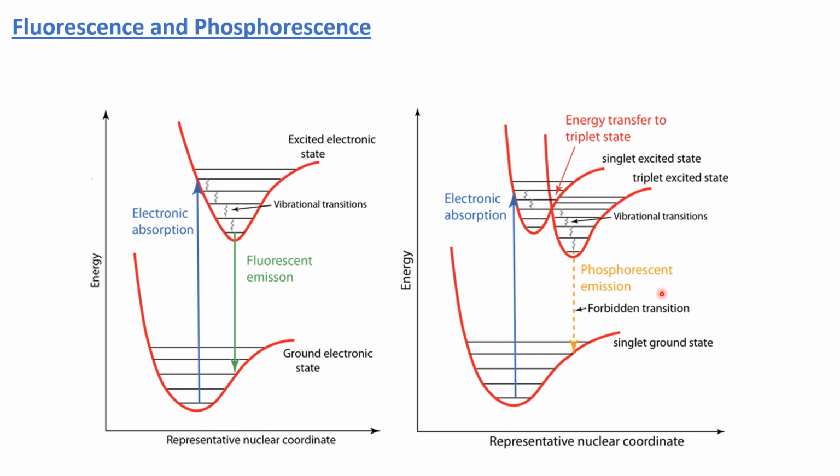So there will be an emission of energy over a longer time. This is low intensity energy for a longer time. So this phenomenon is known as phosphorescence. So fluorescence is a phenomenon of emission of energy in a flash of light, while phosphorescence is the emission of dim light over a longer duration of time.